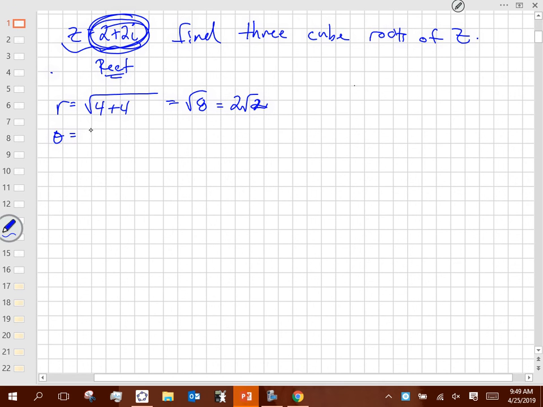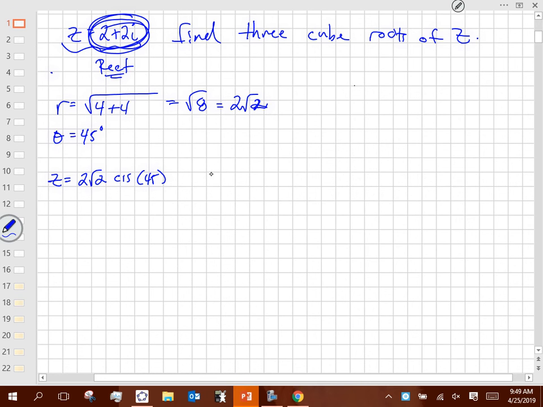Yeah, so that lies on the line y equals x, if we're talking about the Cartesian plane. So theta would be 45 degrees, right? If you want to use tangent inverse of 2 over 2, that's fine. It's going to be tangent inverse of 1, which gives you 45. So now z is going to be 2 root 2 cis of 45, right?